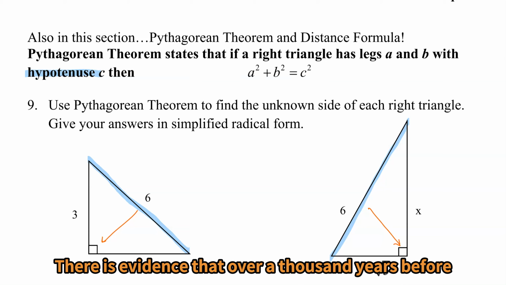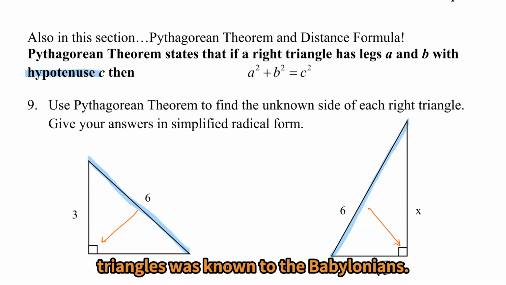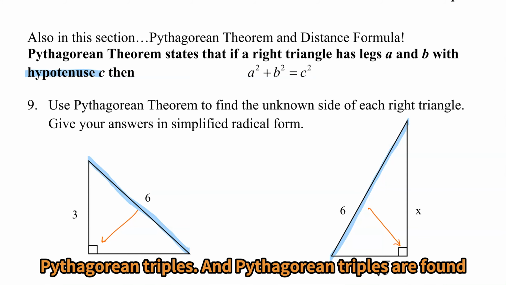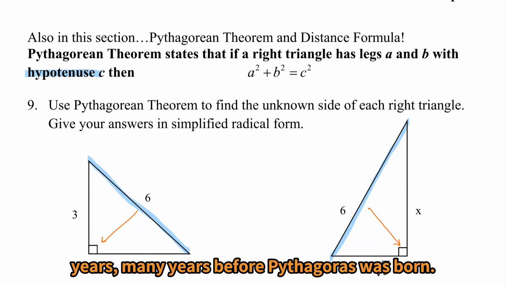There's evidence that over 1,000 years before Pythagoras was born, this relationship with right triangles was known to the Babylonians. We call whole numbers that fit this pattern Pythagorean triples, and they are found in lots of different places: India, Mesopotamia, China, many years before Pythagoras was born.